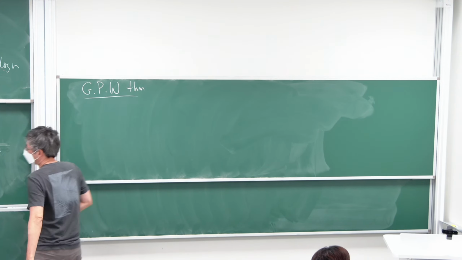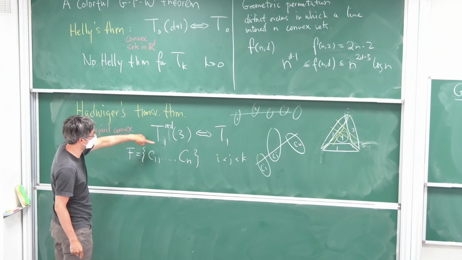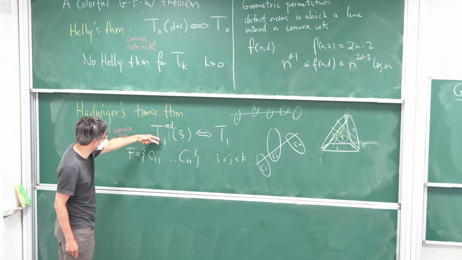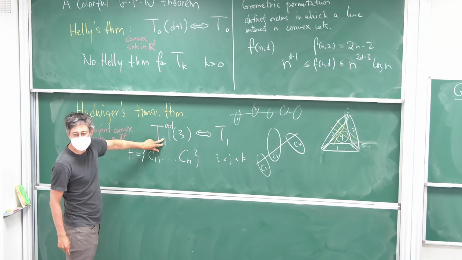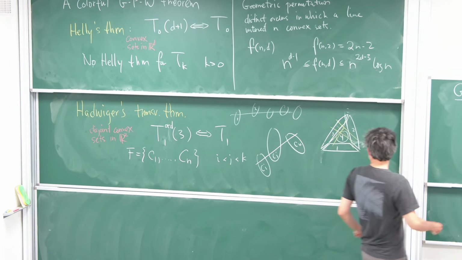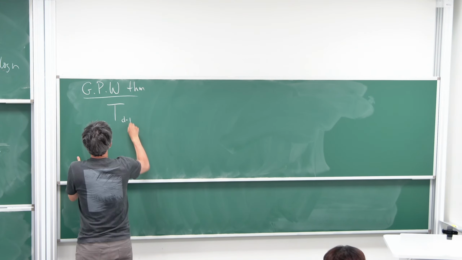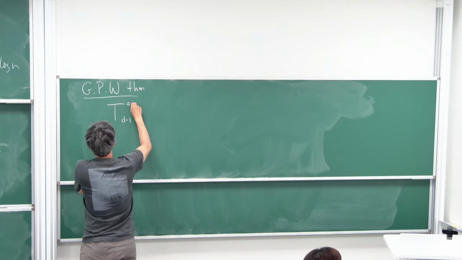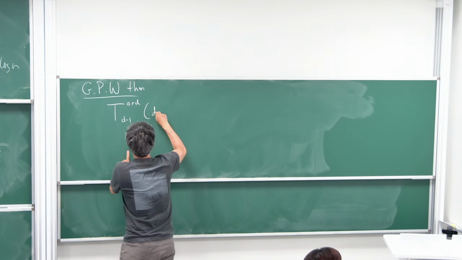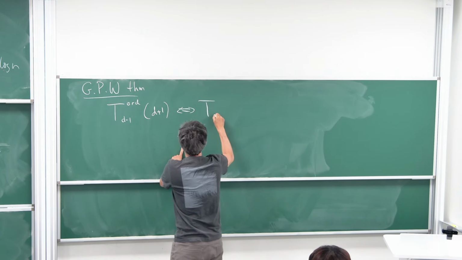I told you this doesn't generalize to higher dimensions with line transversals. The way that it generalizes is with hyperplane transversals. So the correct higher dimensional version is the following: T(d minus 1) ordered, d plus 1, is equivalent to T(d minus 1).